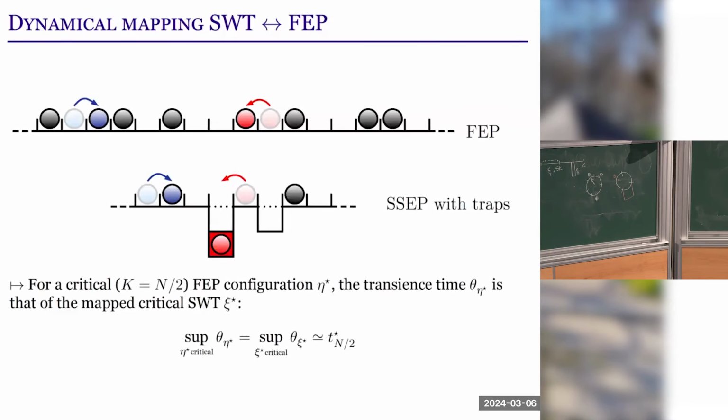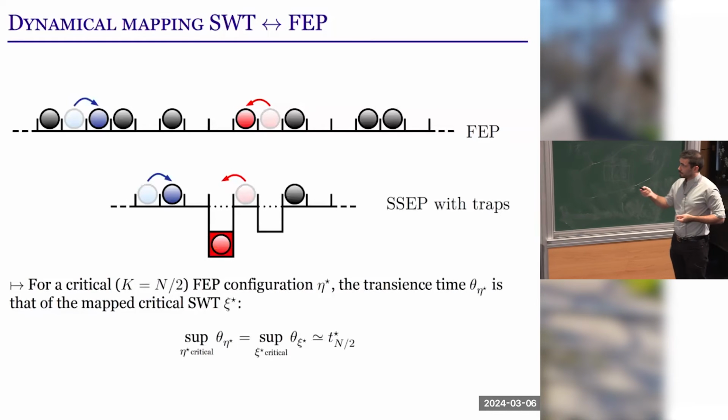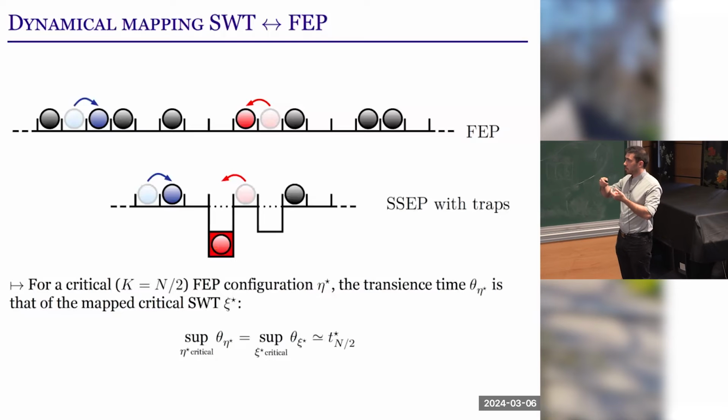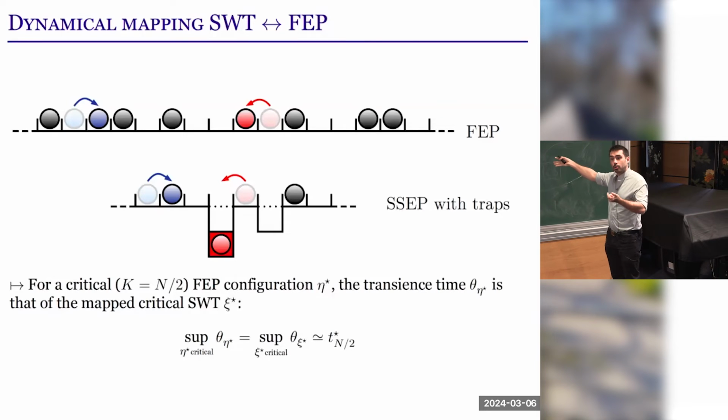And since you have this trajectory per trajectory mapping between configurations, since you have this correspondence between trajectories, you know that the time you become ergodic or frozen for one process is exactly going to be the time you become ergodic or frozen for the other process. So you know that the supremum of a critical configuration of the transience time for the FEP is going to be exactly the supremum of a critical configuration to be transient for the SSEP with traps.